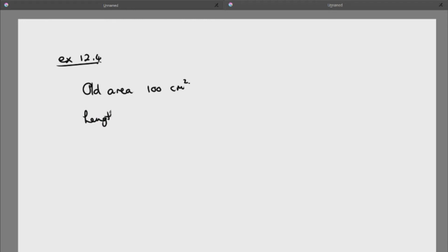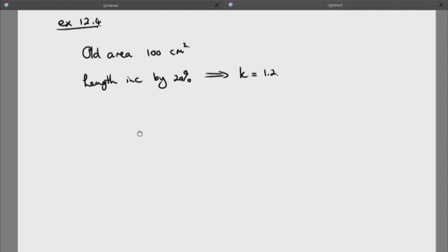So a length dimension increase by 20% means the scale factor is 1.2. I'm not going to use a percentage in any calculation ever. I need to convert it, and that will be the number that I actually use. They present it in percentages. I might present my answer in percentages, but there is nothing in between.